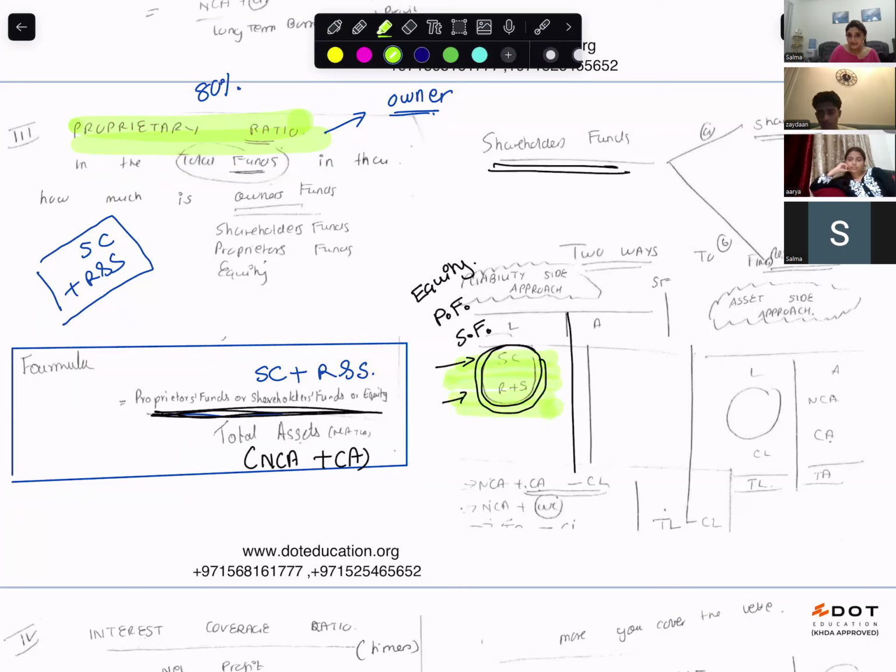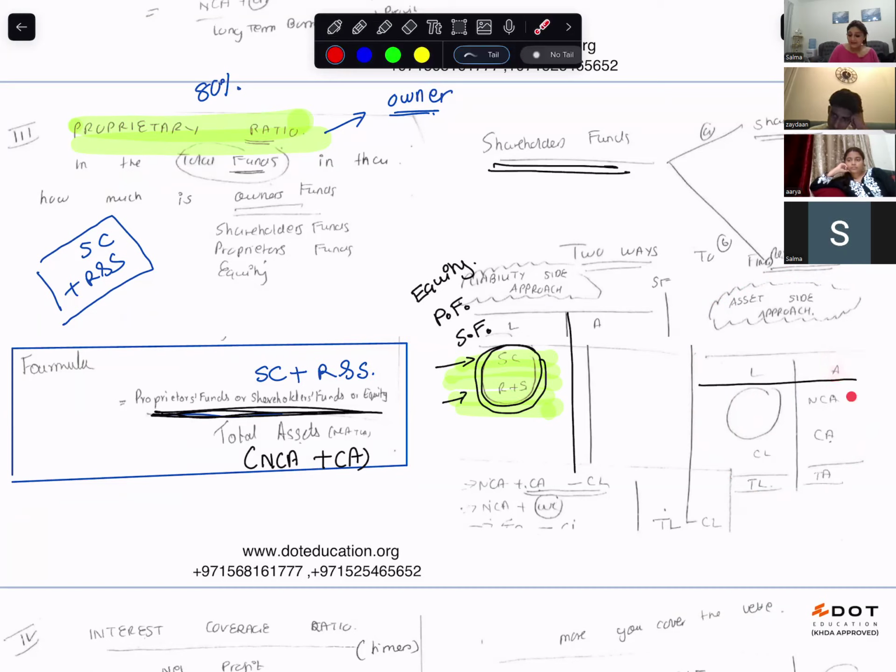The other approach is the asset side approach, and you have to arrive at this figure, which I'm circling. You want the total of share capital and reserves and surpluses. So when you use the asset side approach, you start from the asset side.